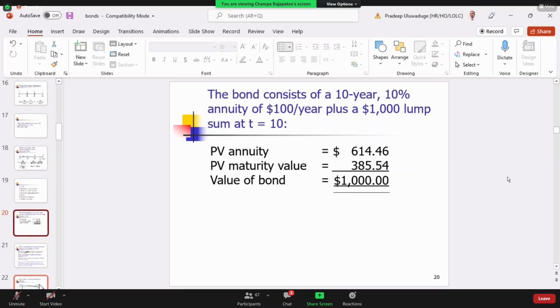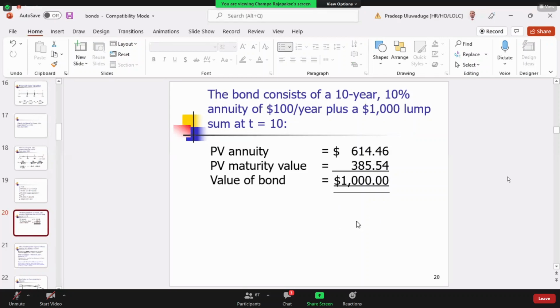So the present value of this annuity of 100 received for 10 years, discounted at 10%, is 614.46. The present value at maturity, that is 1,000 rupees discounted for 10 years, is 385.54.